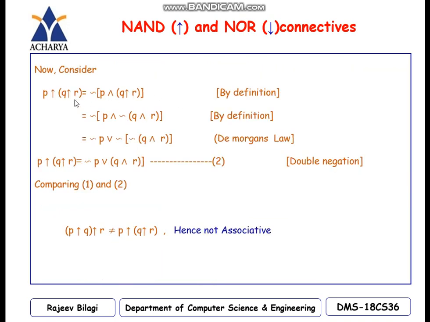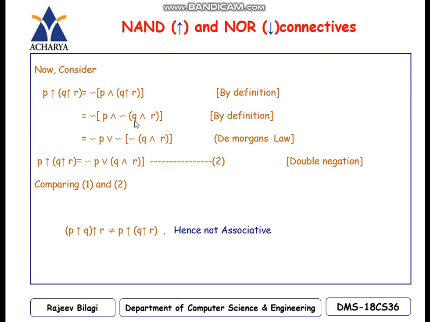Similarly, I am going to apply this on the other RHS part. If you look at this entire part, P, and this I will call Q and R. So negation of P, by the definition, and negation of (Q and R).